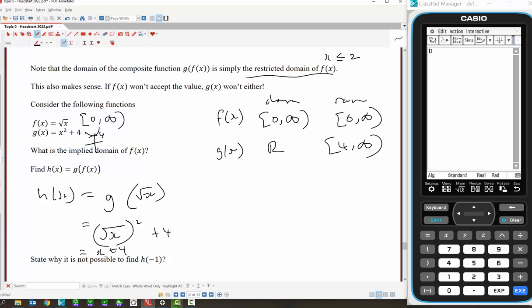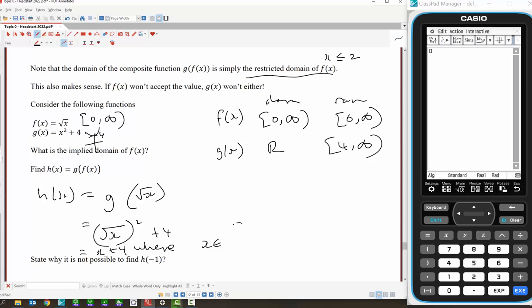So h of x is a linear function. You might be tempted to say where the domain, where x is an element of all real numbers, because that's linear. But in fact, the domain of this will be the restricted domain of f of x, or just the domain of f of x. So it's going to be 0 to positive infinity.